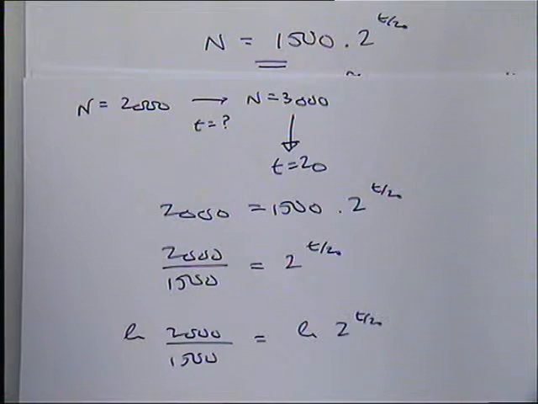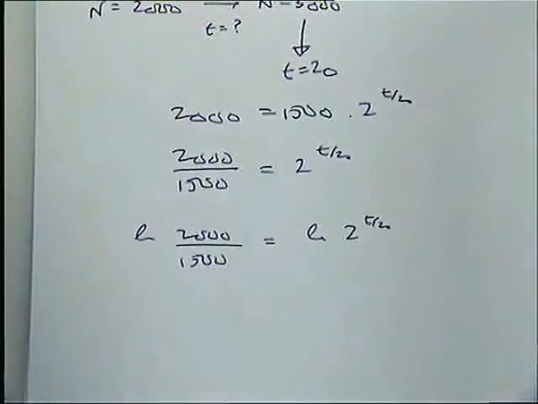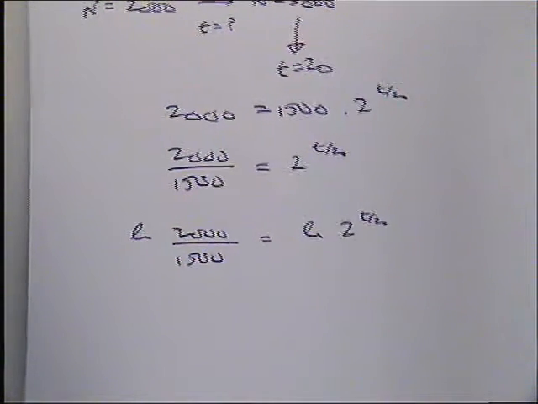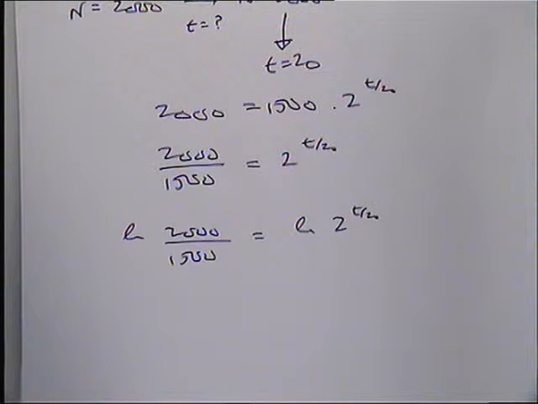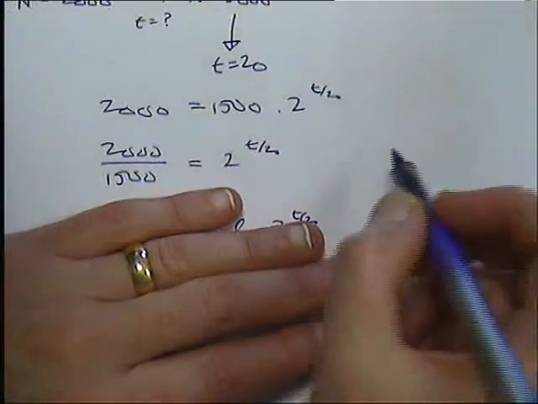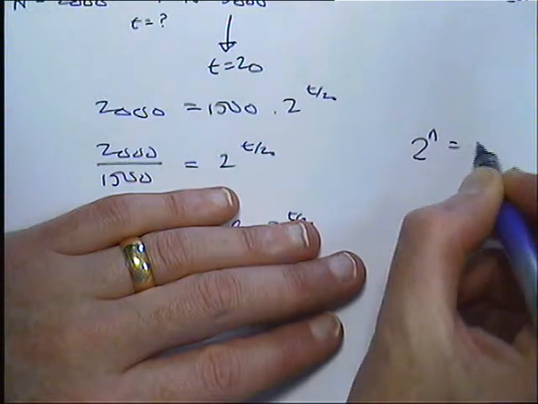Can you remember how to solve an equation like that? You've got an unknown in the power. What are you going to do to solve the equation? If you're not sure in the exam what to do, imagine you have the equation 2 to the n equals 8.